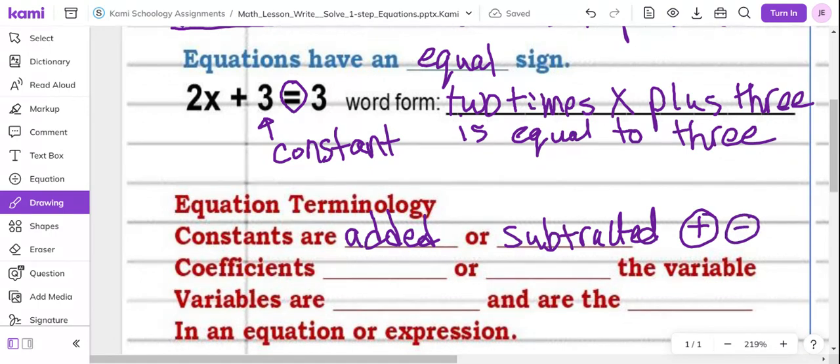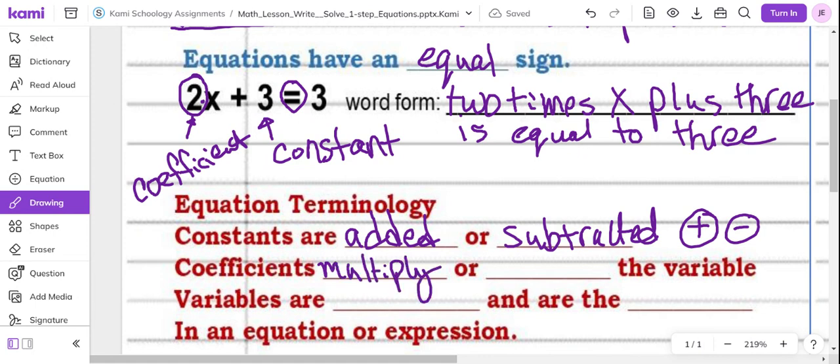Now this other word, coefficients, they're the other thing, and the coefficient goes directly with the variable. That is called a coefficient. So the coefficient is either multiplying or dividing the variable.